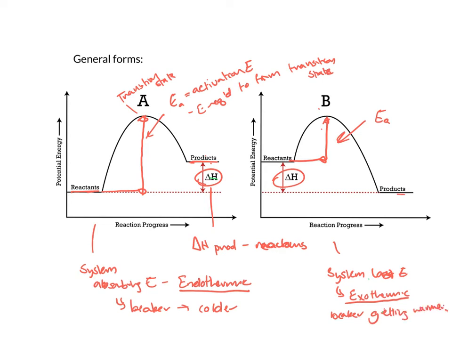Okay, so a couple of things that I want you to keep in mind when you look at reaction coordinate diagrams. Number one, when we have this diagram, remember that this x-axis is reaction progress. It's not time.